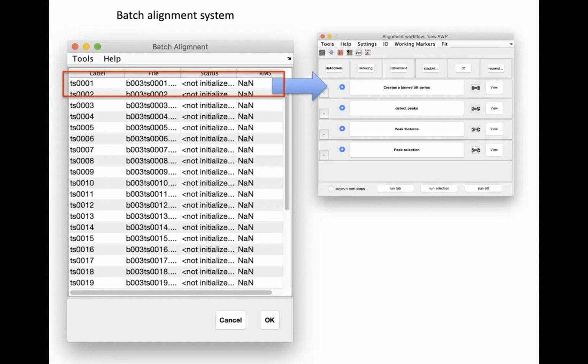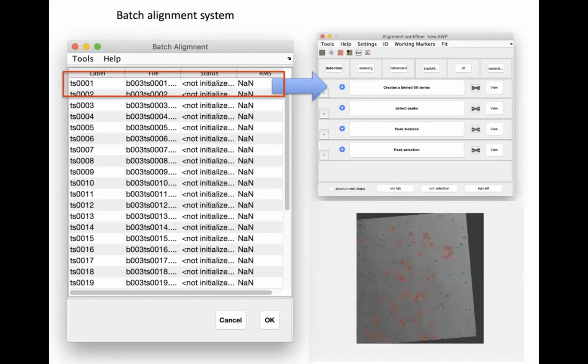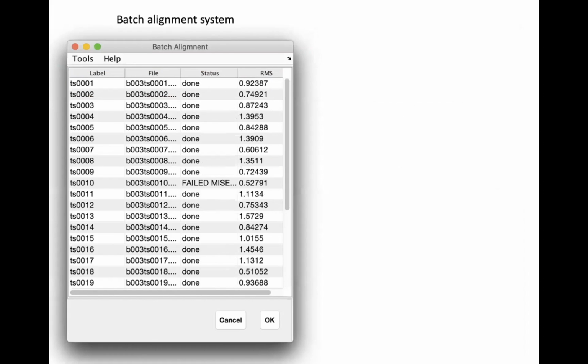If all these tilt series come from the same acquisition experiment, assuming that you have similar optics, similar distribution of gold beads, similar boundary conditions, you just use this workflow on everything that you have in your database of tilt series, and let it run automatically.